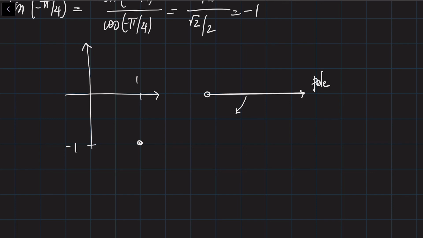So this angle is equal to minus pi over 4, and the distance is going to be equal to the square root of 2. So the point is going to be square root of 2 and minus pi over 4.